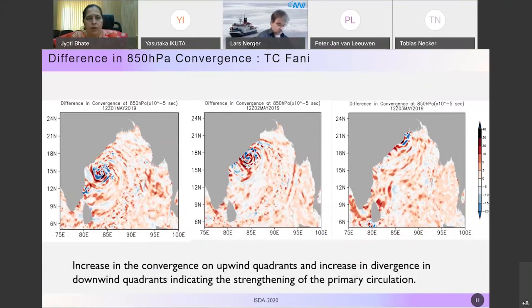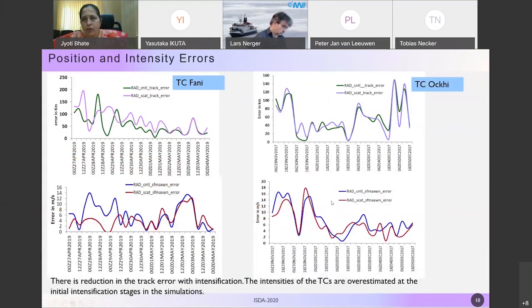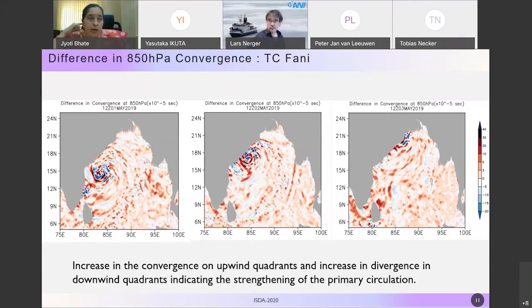So this was for tropical cyclone Fani, and this was for the tropical cyclone Oki. Now, to understand the boundary layer dynamics, we have considered some parameters like convergence, vorticity and wind shear to understand primary and secondary circulation differences in the generated reanalysis.